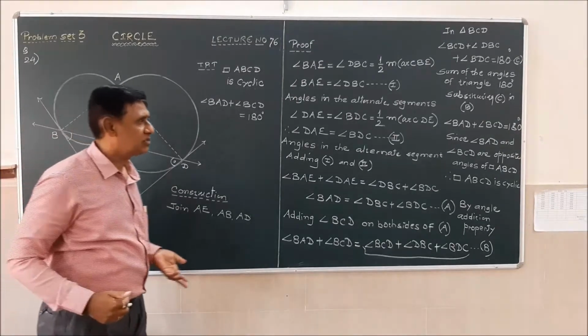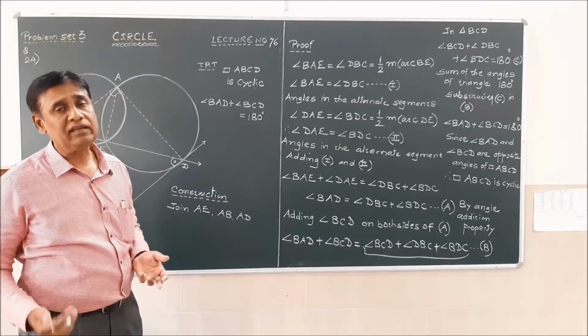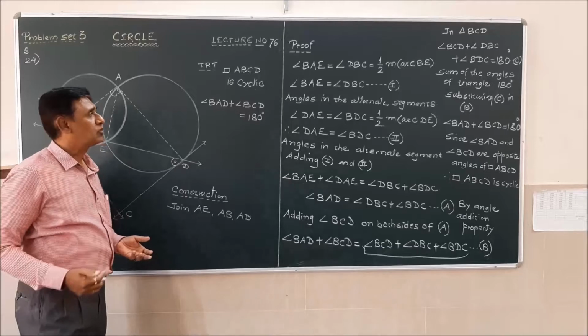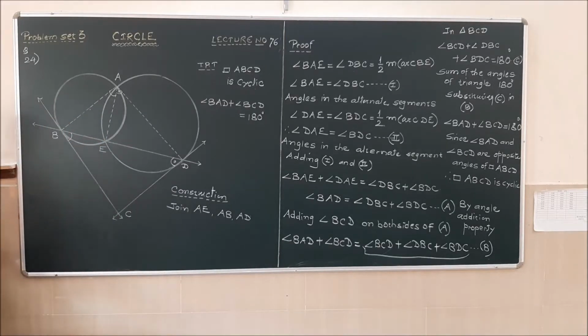Since their sum is 180, they are supplementary angles. And if opposite angles of any quadrilateral are supplementary, then it is called a cyclic quadrilateral. So please look at this sum carefully, try to understand this sum carefully. Weightage is 4 marks.